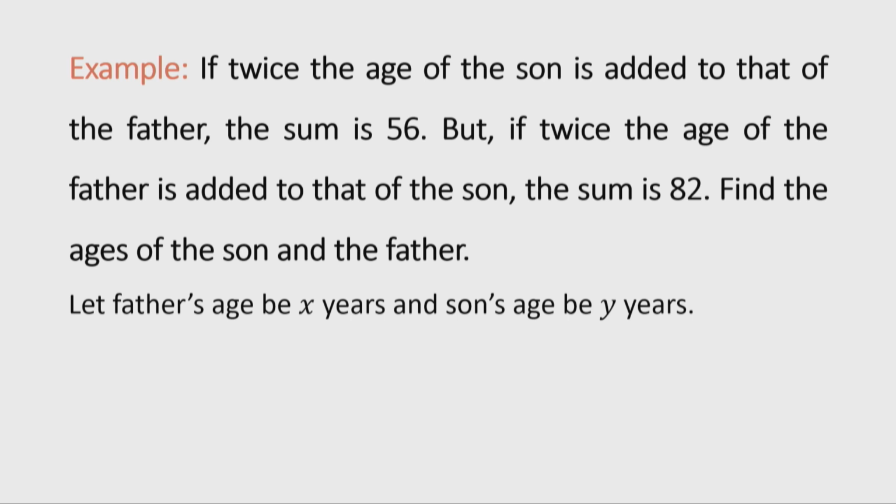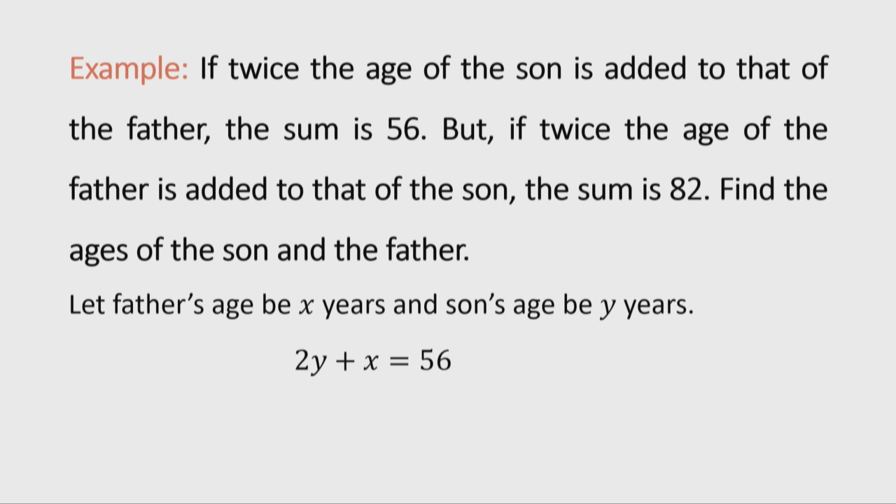Now, let us look at the first sentence. If twice the age of the son, so son is y years old, twice the age of the son would mean 2y, is added to that of the father, and father is x years old. So 2y plus x will be equal to 56 because the sum is 56. So my first equation will be 2y plus x equal to 56.